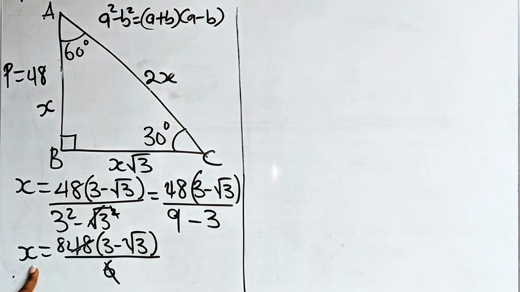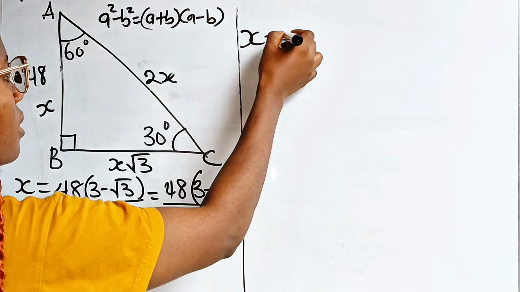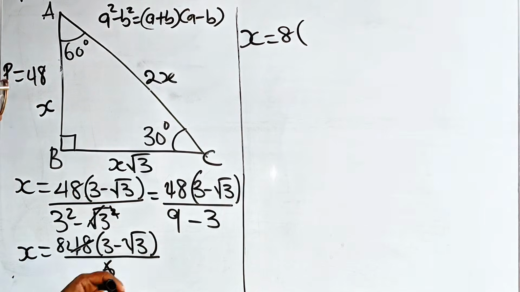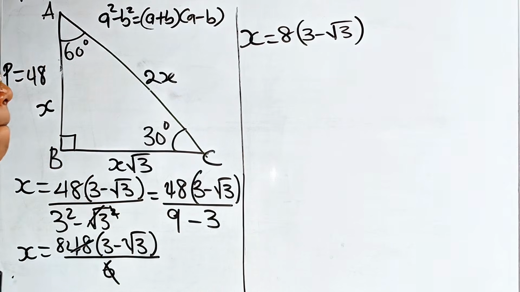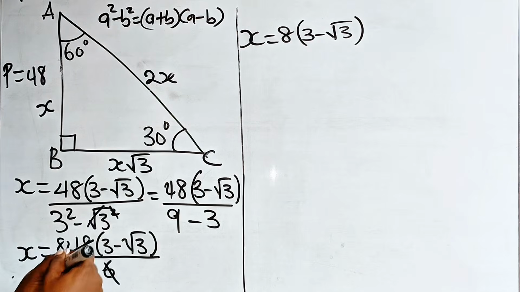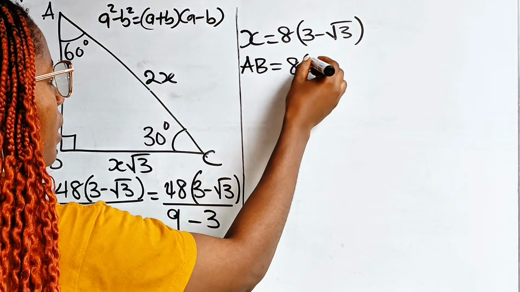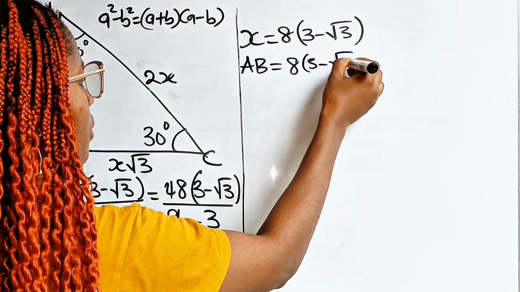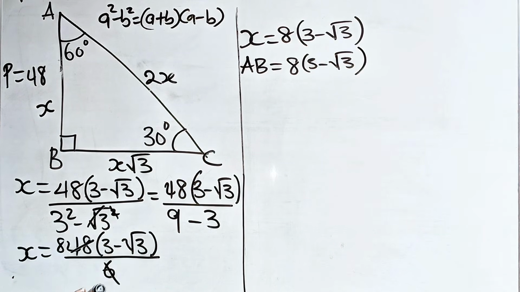All right, so that means our x is equal to 8 multiplied by 3 minus root 3. So back to our diagram, our x is AB. So it means AB is 8 bracket 3 minus root 3. Then our AC is 2x.